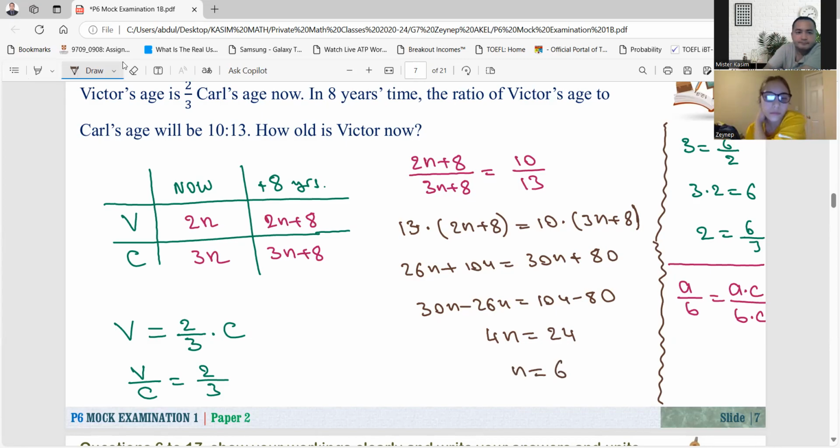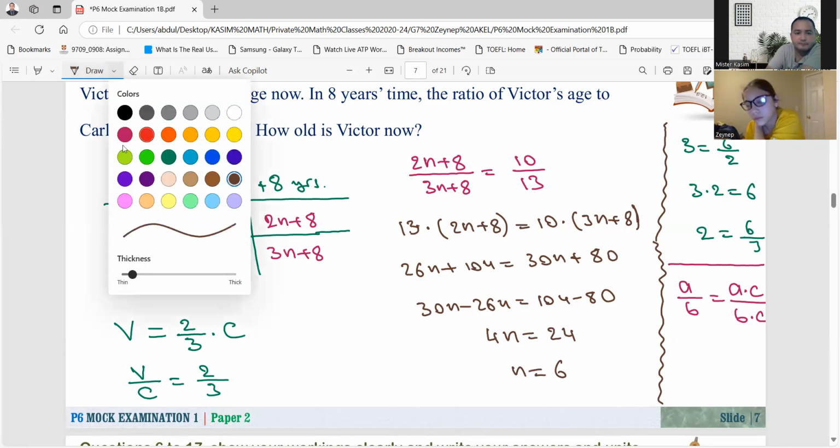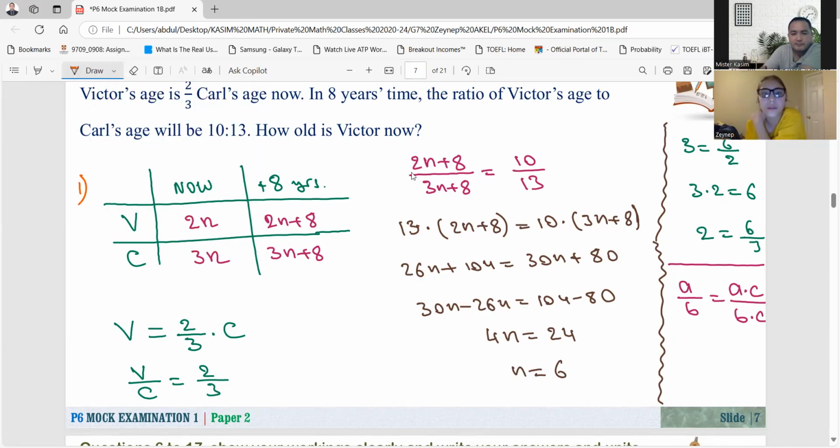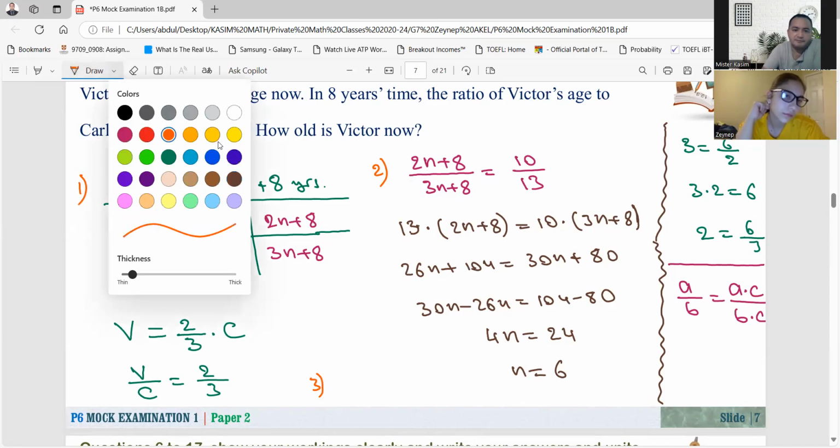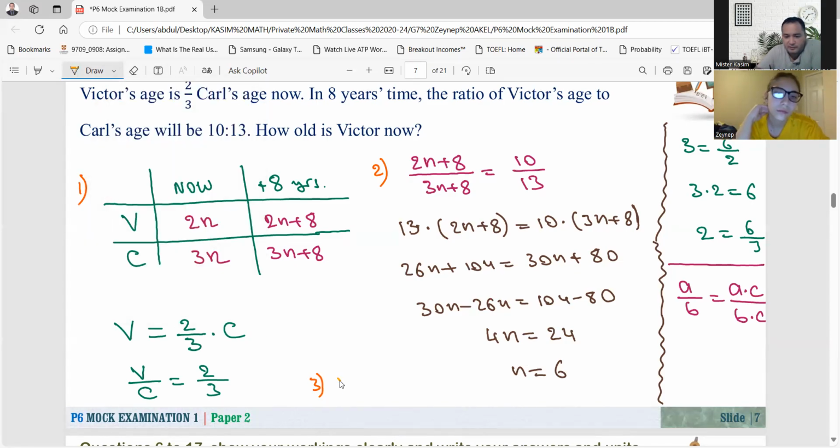This is the first step. Instead of getting 24, I got 20. That's why I got 5. That is 24, right? Then the question is asking how old is Victor now? So Victor now will be 2 times 6, 12 years old.